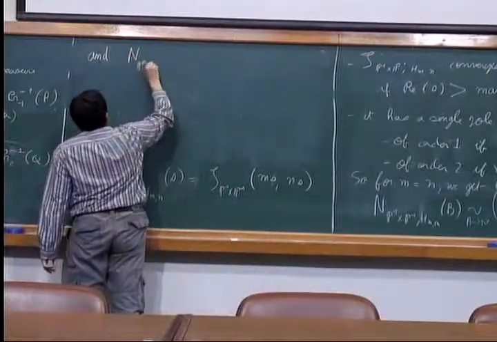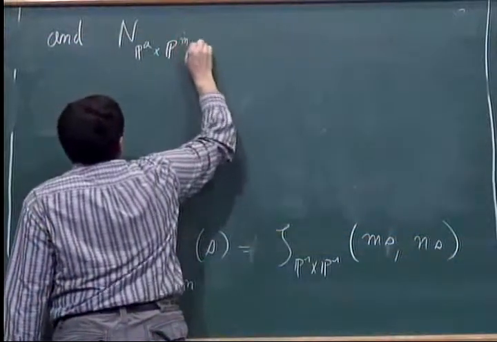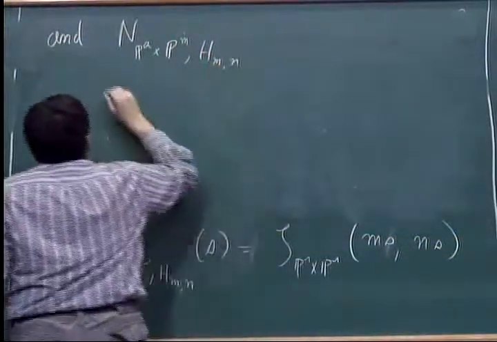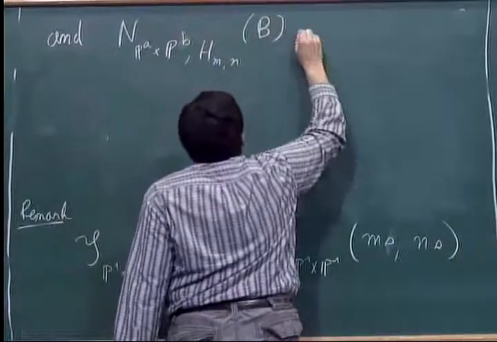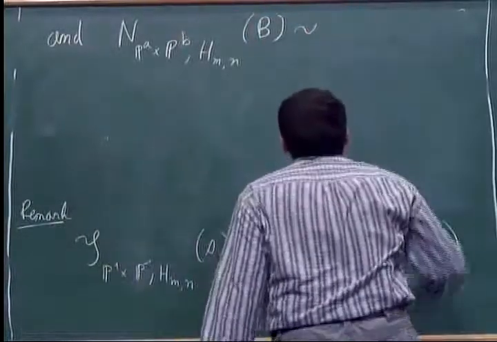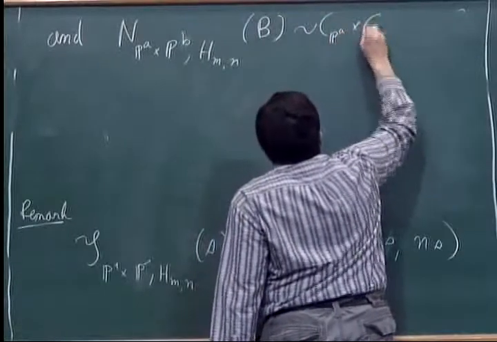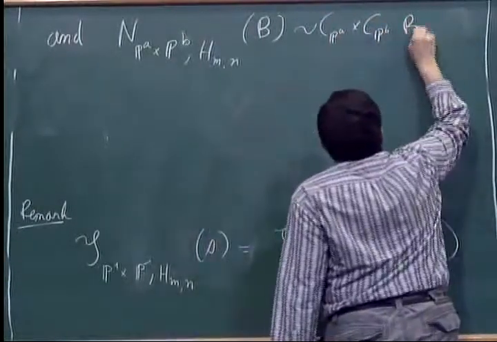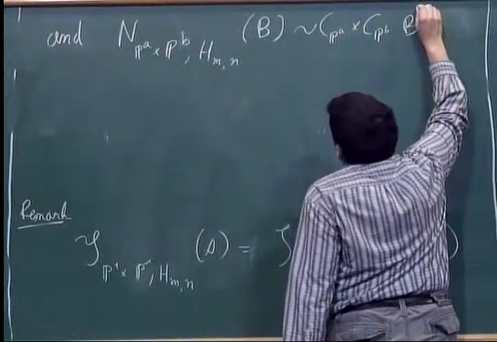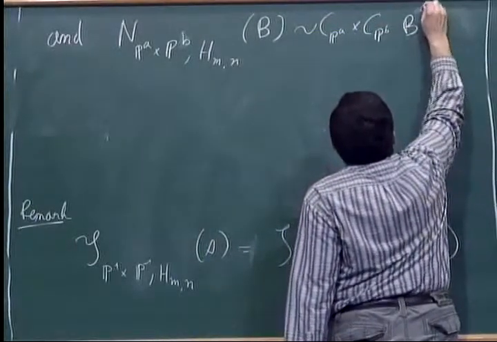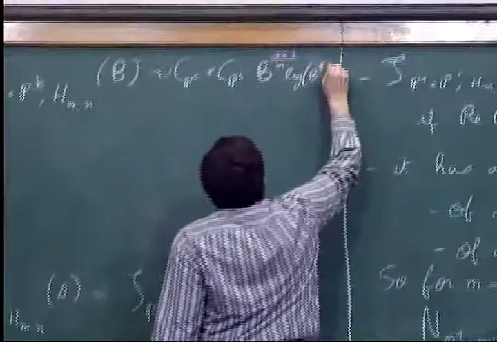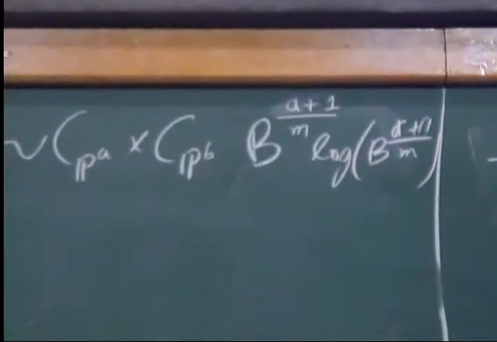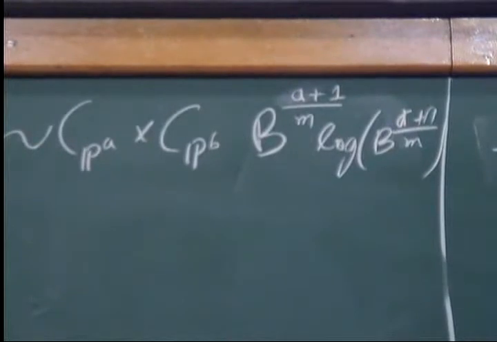So the number of points in P^a cross P^b of height H_{m,n} at most capital B is equivalent to some constant, which is a constant for P^a times the constant for P^b, times B to the power (a plus 1) over m, times logarithm of B to the power (a plus 1) over m, if m over a plus 1 is equal to n over b plus 1.